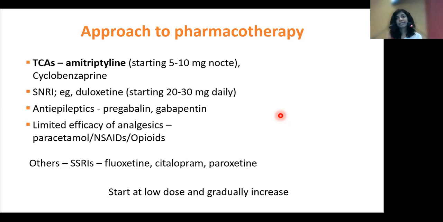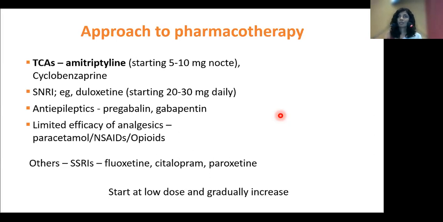There is very limited efficacy with analgesics, paracetamol, NSAIDs, or opioids. The other ones that we often see being used are SSRIs like fluoxetine, citalopram, and paroxetine. There is some evidence for it, but those are fairly smaller trials compared to the SNRIs.